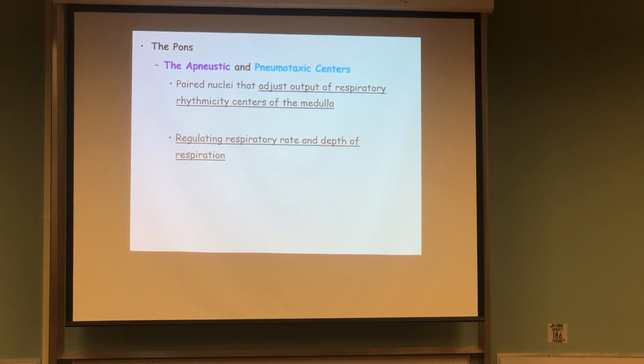And this whole conversation is what is in dispute. What do the apneustic and pneumotaxic really do? What do the DRG and VRG really do? That's where your textbook of McKinley really goes against the grain. It goes upstream compared to everybody else going downstream. So we're going to go by what I have for you in the slides, until somebody else has done enough research and published enough papers saying, no, we actually now realize we're totally wrong.